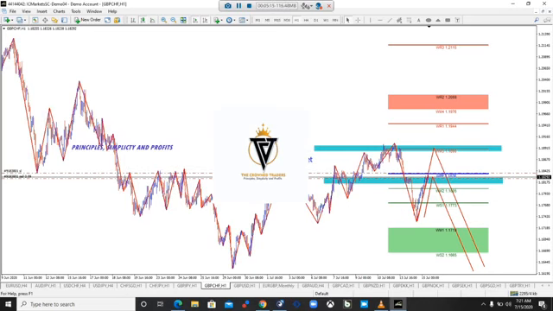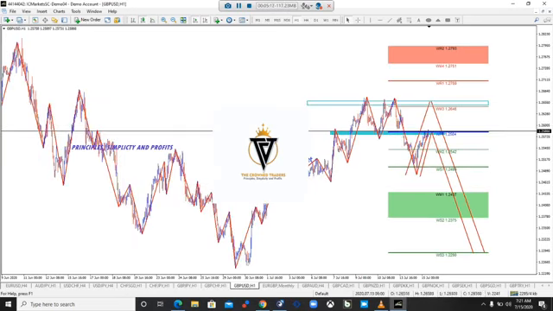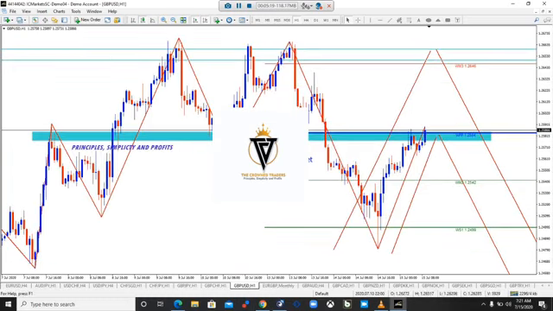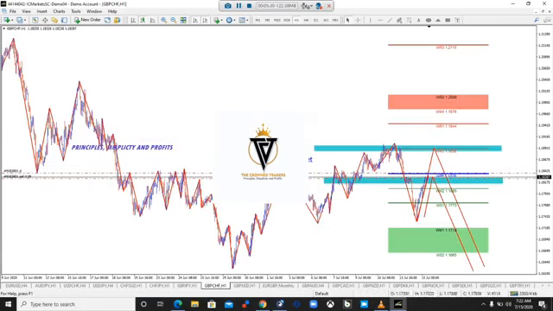Likewise GBP USD, I'm taking a short position on this one. So what I'm waiting for is a rejection candle: hammer, doji, inverted hammer, evening star, and the likes of them. I'll take a short position on that.